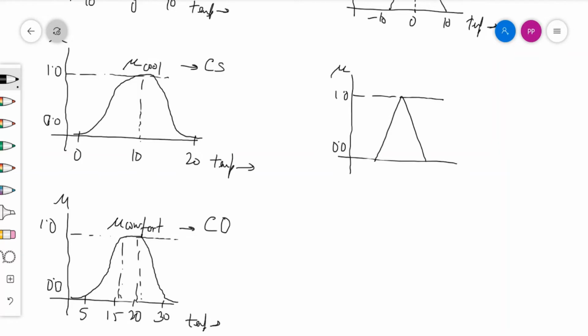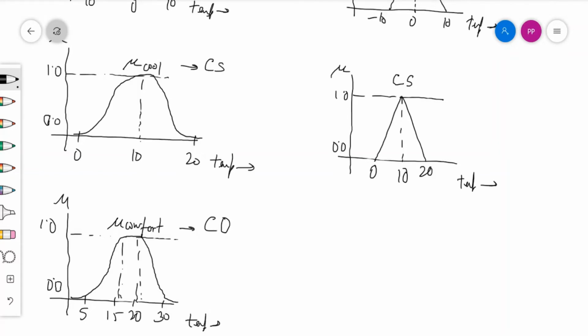So this is 0, in between this is 10, and I should draw it more precisely so that there is no ambiguity. It's 10, this is 0, and this is 20. So here you have the cold, but small cold. So we define the temperature axis like this.